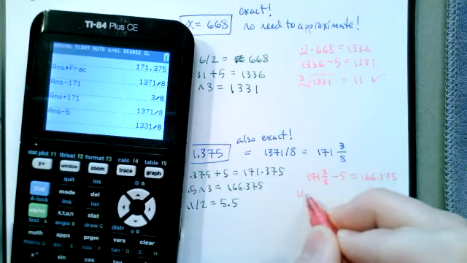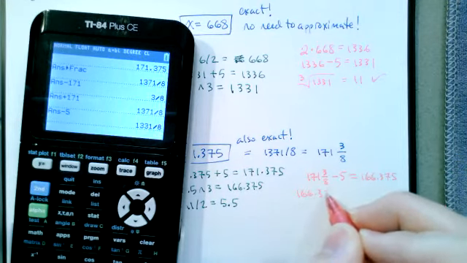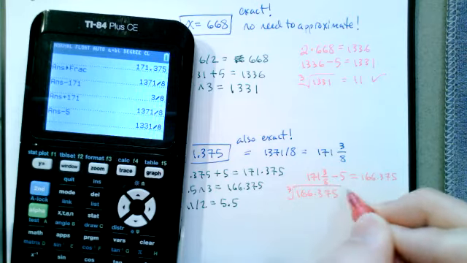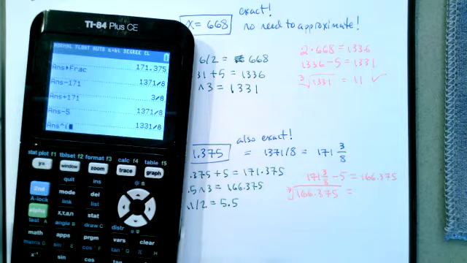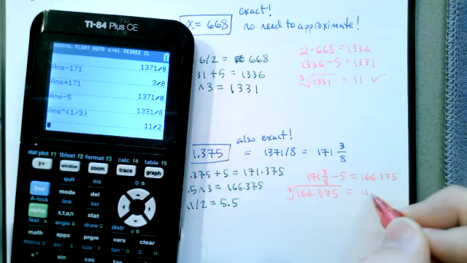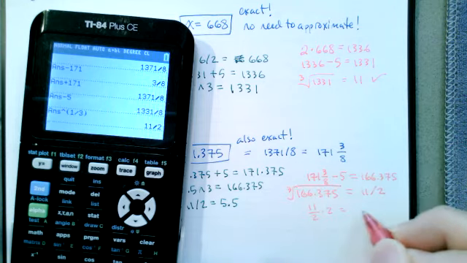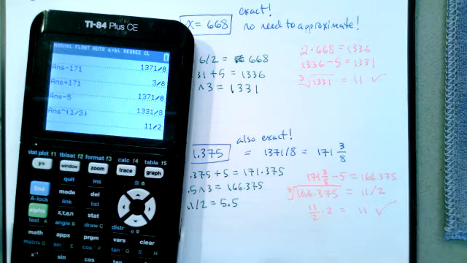Take the 166.375 and take the cube root of that. I'm going to use a 1/3 power, and then we'll get 11 over 2. And then take the 11 over 2 and multiply by 2 and come up with 11. So everything checks out again.